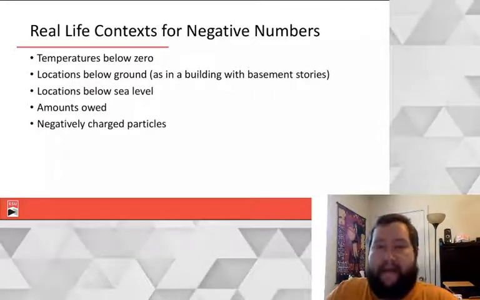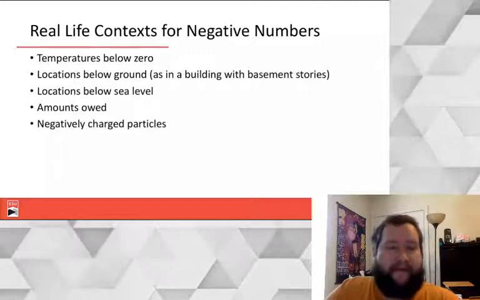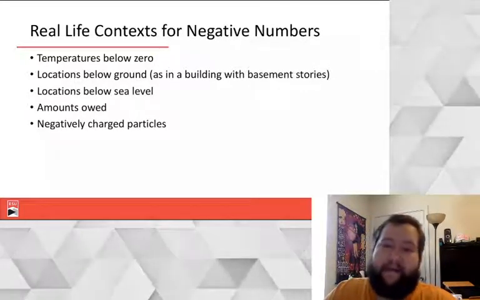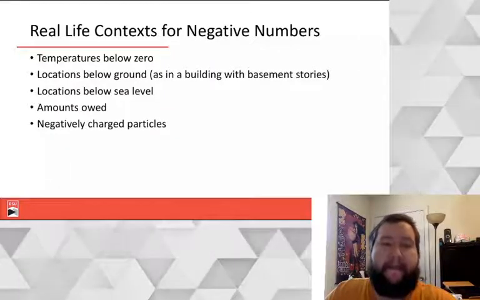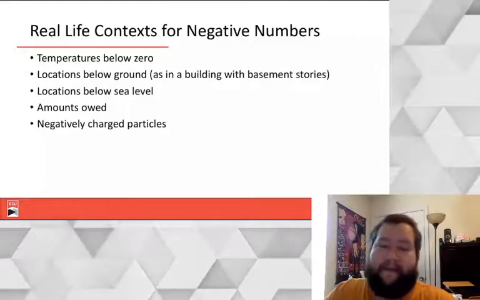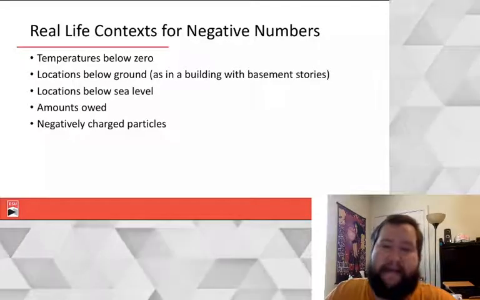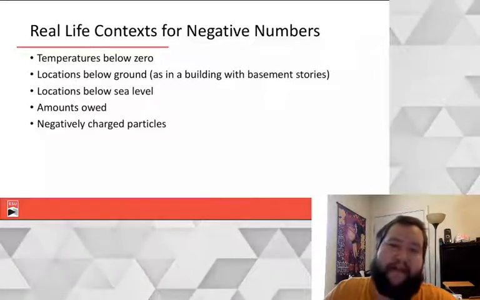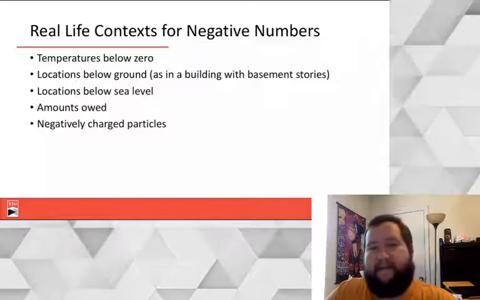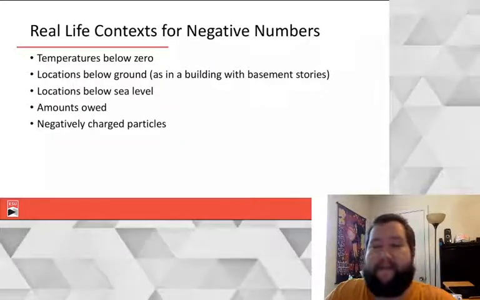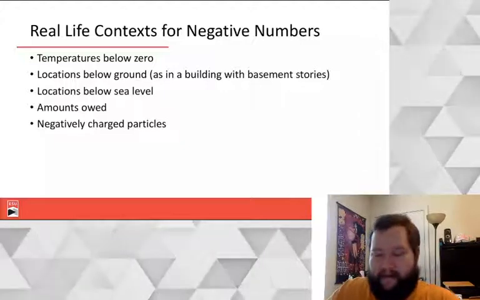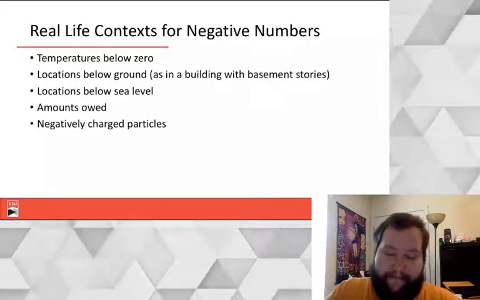We're going to have basement 1, basement 2, basement 3, and so on. Locations below sea level, so if we're going to talk about altitude there. Amounts owed, right? You can owe someone money, which is in essence a negative amount of money that you have. And then in physics, negatively charged particles. We mention that one here because we end up using what's called the charged particle or chip model for positive and negative integers in just a little bit.